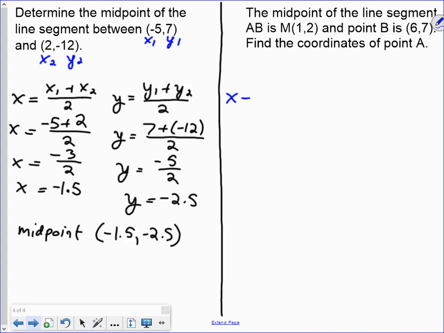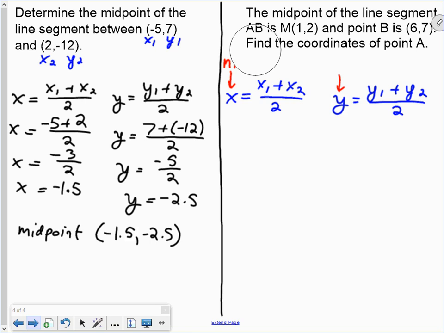So our midpoint formula is x equals (x1 plus x2) divided by 2, and the y part is (y1 plus y2) divided by 2. So the x and the y here are the x and the y for the midpoint.